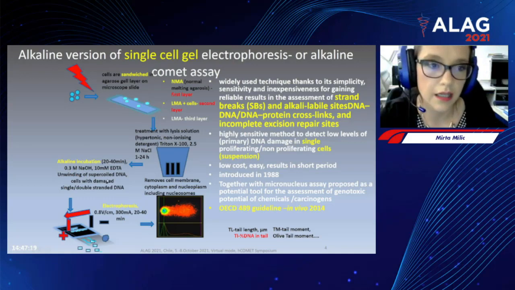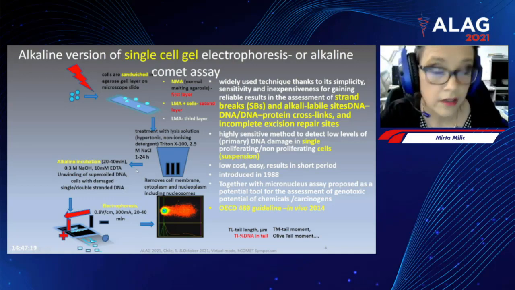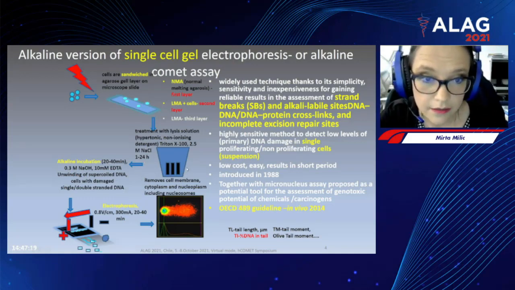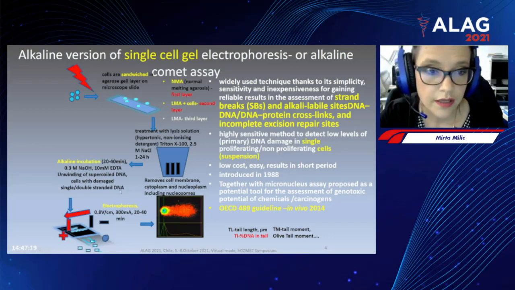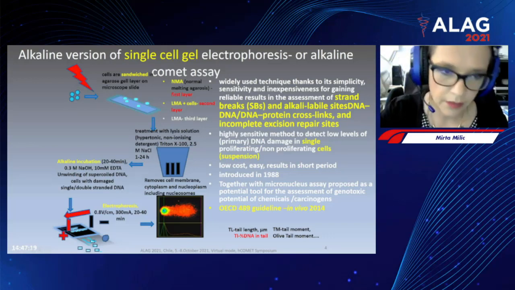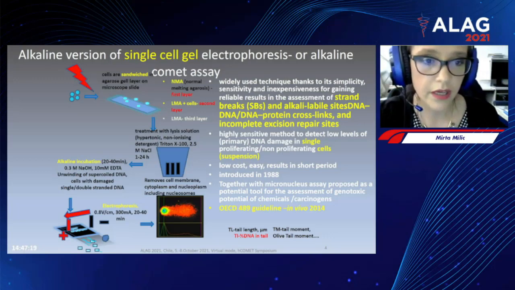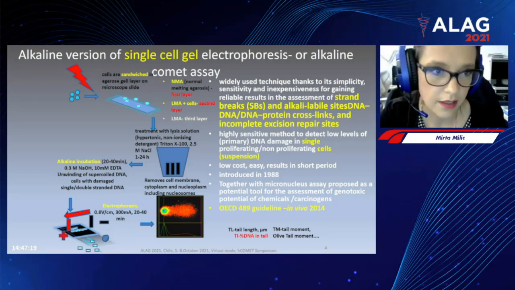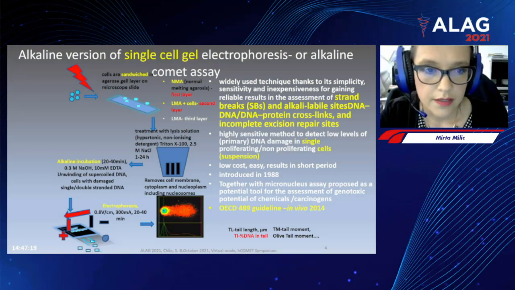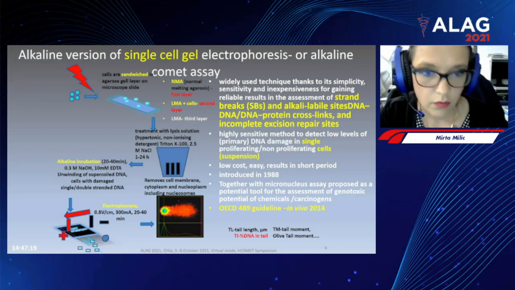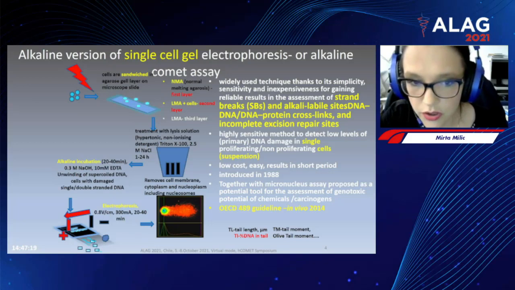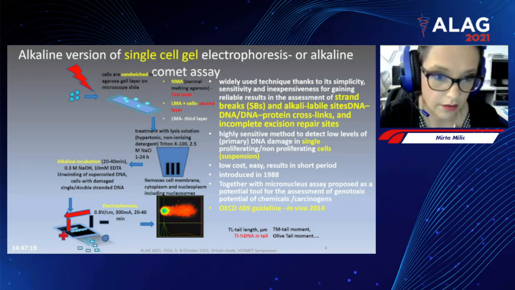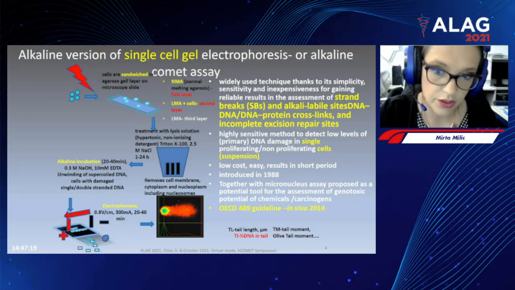Afterwards, there is alkaline incubation for unwinding of the supercoiled DNA, so that parts of the damaged DNA can be free. And during the electrophoresis that comes after the alkaline incubation, those small parts can travel, while the undamaged DNA, the big DNA, cannot travel through the pores of the agarose gel.